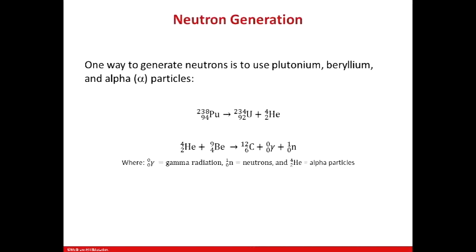Let me show you here. Notice that, again, it has to be a balanced equation. A balanced equation is very important. We'll be working on this on Monday. Okay, Monday is our math day. Right. One way to generate these neutrons is shown here, and again, it has to be a balanced equation. So we have the balanced equation here of each of the species. You can see them shown here. So we have plutonium going to uranium going to helium. We have helium and beryllium.